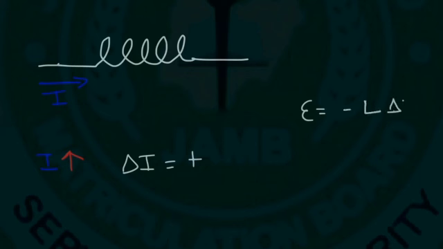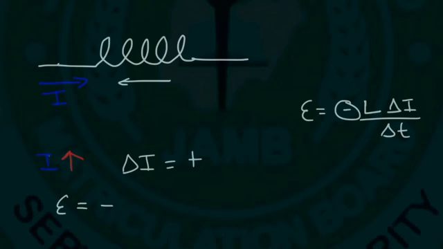So therefore, if delta I is positive, a positive value times a negative sign will give us a negative EMF. And anytime the current increases, an induced current will be created in the coils that will oppose the increasing current that created it. So whenever you have a negative EMF, the induced current is opposite to the direction of the original current. So if the original current is flowing clockwise, the induced current will be counterclockwise. It's just going to be opposite to what it is. So that's the direction of the induced EMF and the induced current.